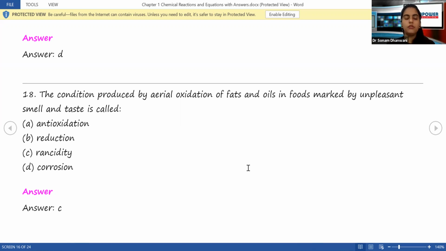Because उसका oxidation होने लगता है, so what happens is they start to taste a little sour, एक unpleasant सा, एक foul सा, एक smell आने लगता है उसमें से. So that process which happens now because of aerial oxidation is known as rancidity. Okay, rancid basically means a sour kind of thing. Okay, so because there is an unpleasant smell and taste, that thing is known as rancidity.